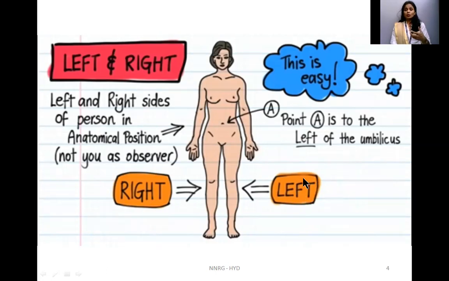Whenever you want to specify any particular birthmark or spot in your body, how will you specify? If a pimple is at point A, this is the navel or the umbilicus. So you mention that point A is to the left of the umbilicus or the navel.